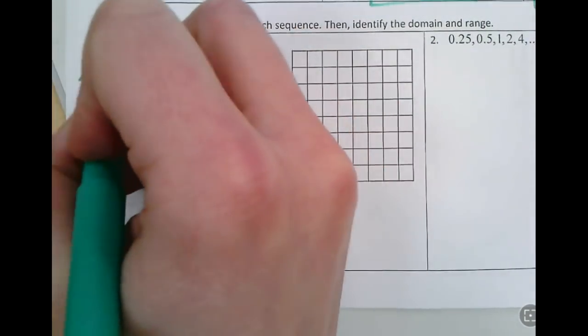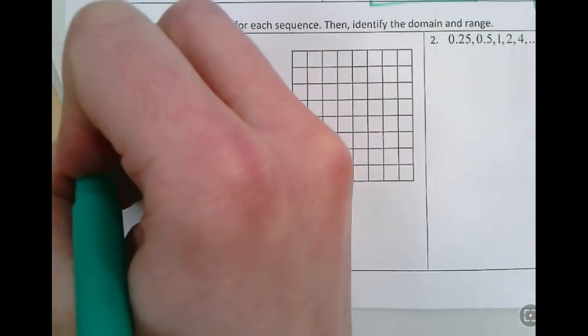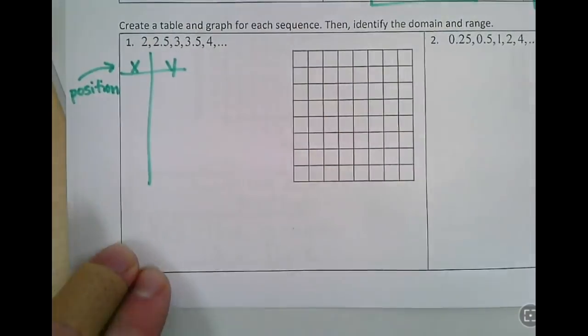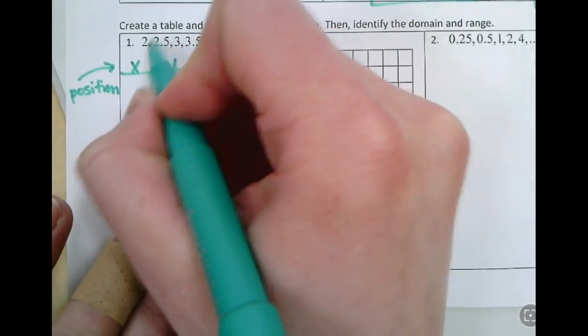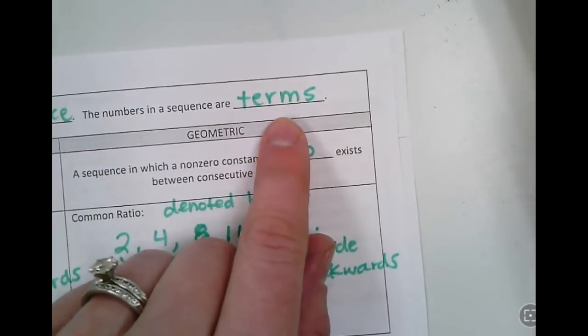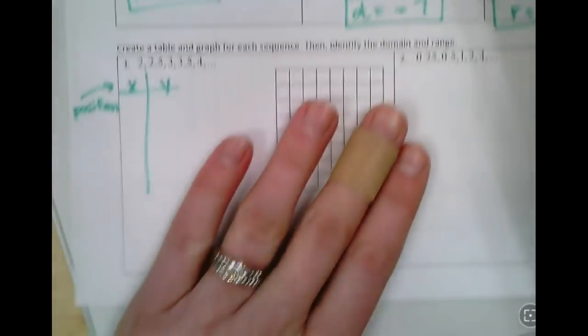so these will be, X will be my actual position. It's kind of like those stages on the front. So the position. Position would be the first number of the sequence, the second number of the sequence. So these are actually the position of each term, because those are the numbers in the sequence.